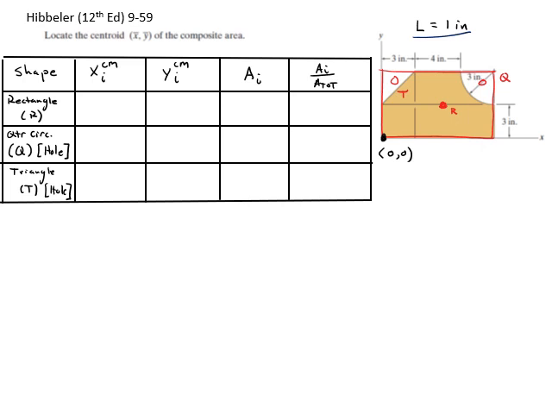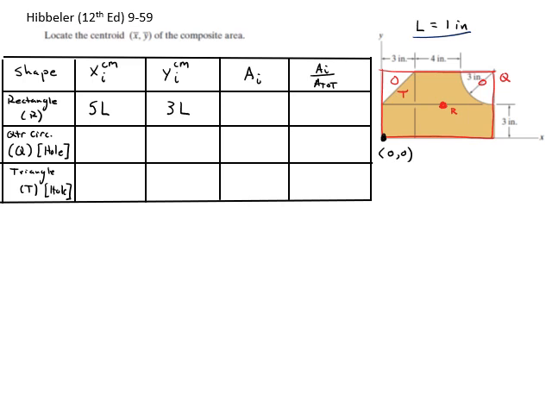That's the easy one. The rectangle clearly has a center of mass at the center of the rectangle, and the rectangle is 10 inches long and 6 inches high, right? And so since L is 1 inch, it's 10L long and 6L high. The exact center of that is going to be 5L in the x direction and 3L in the y direction, right?